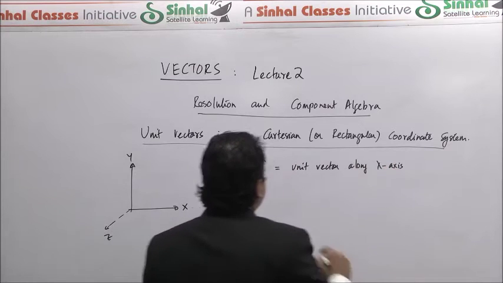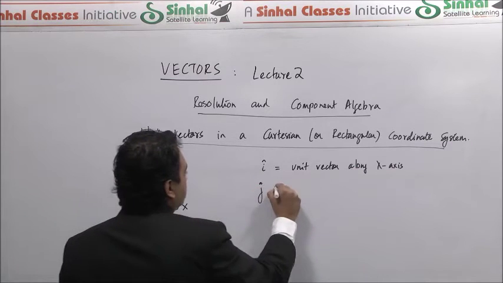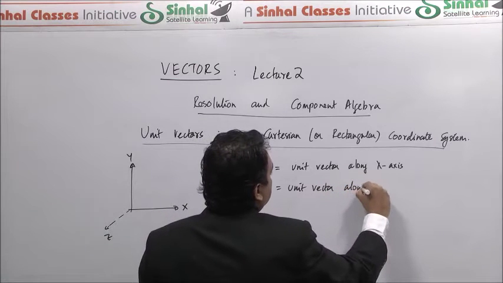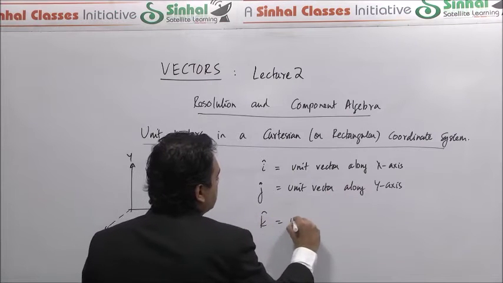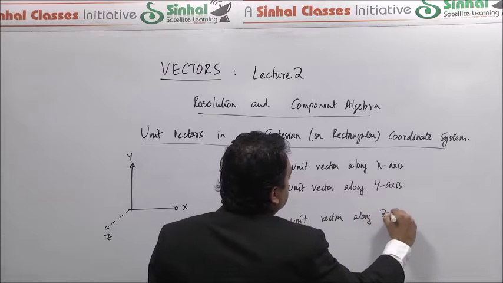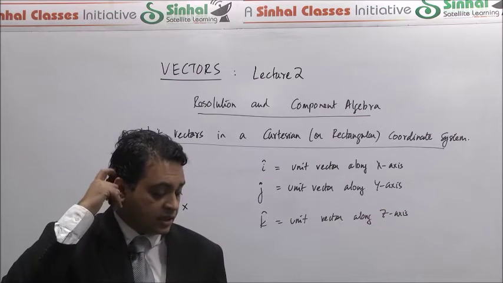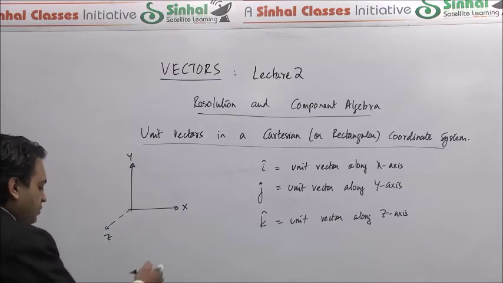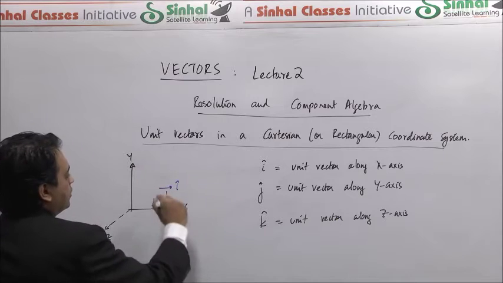So similarly, the unit vector that is along the y-axis would be represented by the symbol j cap, and similarly k cap would be the unit vector that is along the z-axis. Right. So these are the three standard Cartesian unit vectors which are represented along the x, y, and z axis. So for example, if I am representing this geometrically, then i cap would be a vector of magnitude 1 that is lying along this.